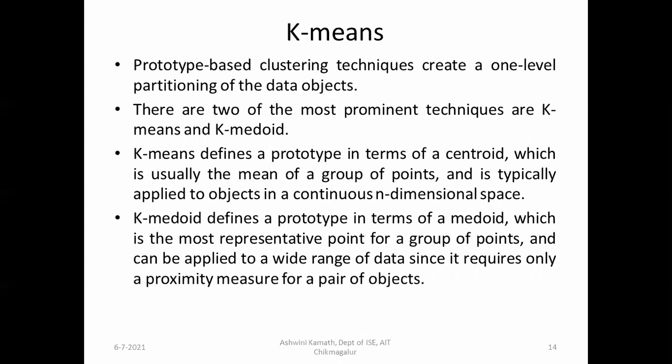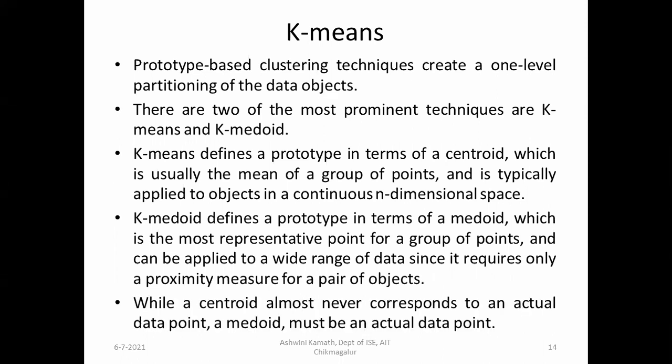Some nearest value it will find to create a cluster. A centroid almost never corresponds to an actual data point, but a medoid must be an actual data point. In a centroid, we are going to find the average of each cluster, the points in each cluster.